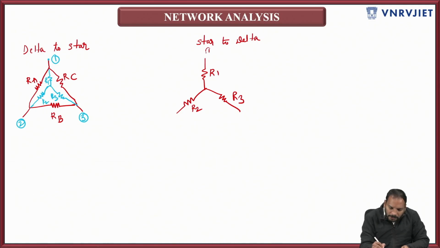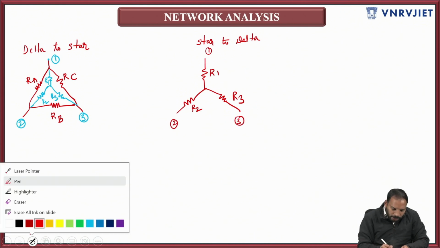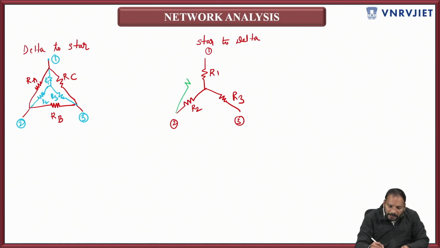Between the same nodes, let us assume this is 1, this is 2, and this is 3, among the three nodes you need to remove all these resistors and connect a delta, something like this. This will make the problem very simple.